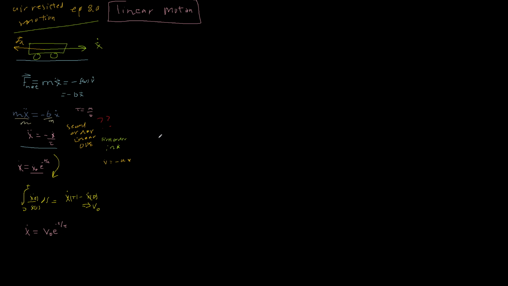That is our solution. Well, we would just want to integrate this once more, so we do the same thing, the integral from 0 to t, ds. And what do we get? x minus x naught is going to be equal to v naught as a constant, and we're going to have this integral from 0 to t of e to the minus s over tau ds.